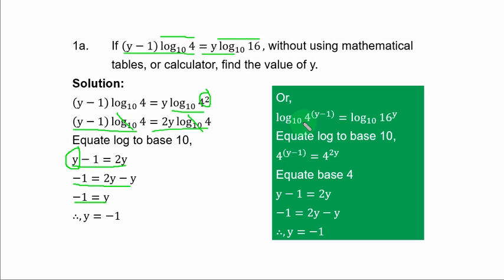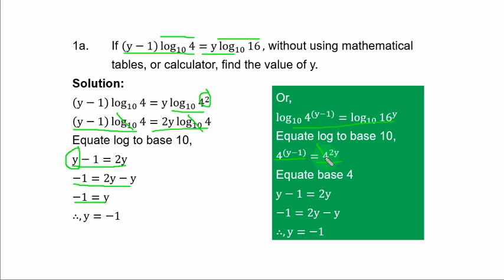Alternatively, we can as well use the power rule to take y minus 1 to be power to 4 and y to be power to 16 in this form. So you simply equate log to base 10. If you do that, you have 4 to the power of y minus 1 equal to 4 to the power of 2y.